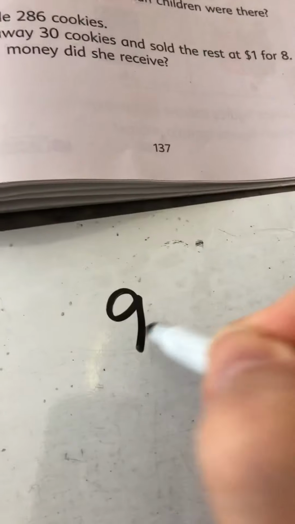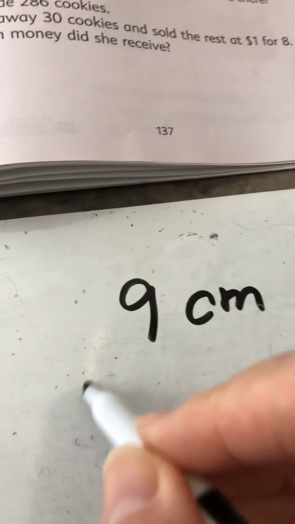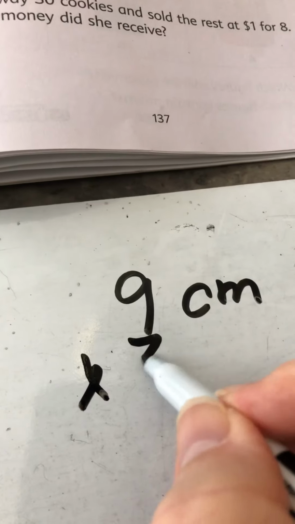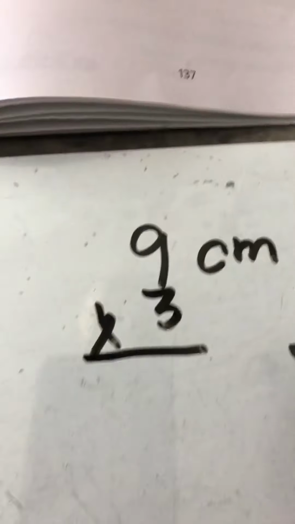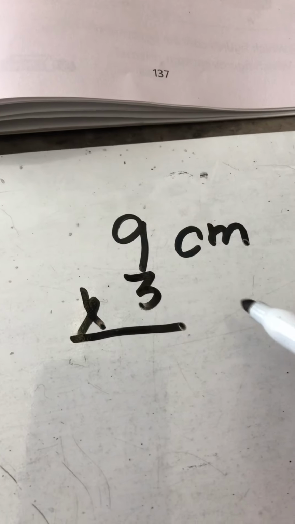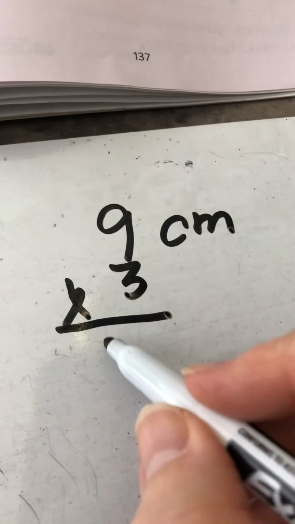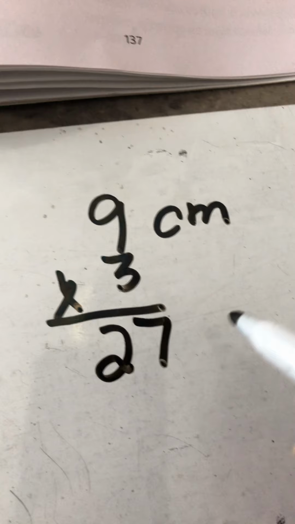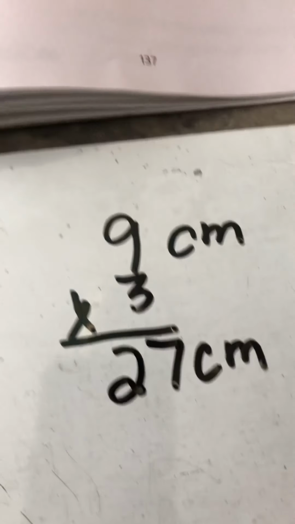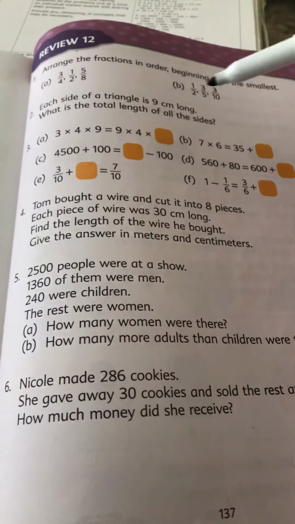So you're going to take the 9 centimeters times 3 because there are 3 sides. Well, you should all know your 3's. 9 times 3 is 27. And we're going to say centimeters because it says what's the total length of all the sides?